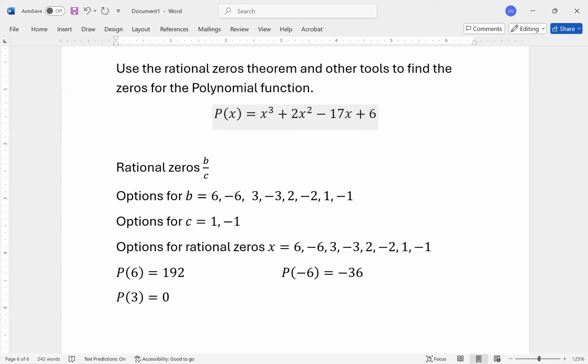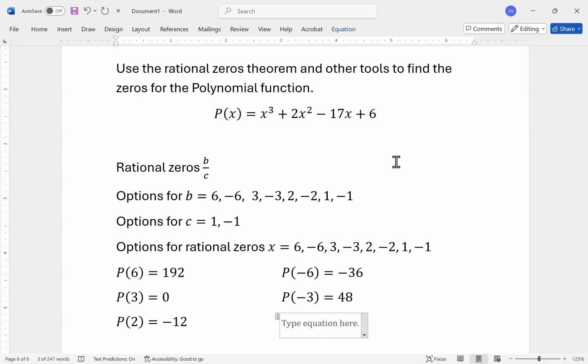Again, I could stop there and do operations, but I'll just test all these. When I plugged in a negative 3, I ended up with 48. When I plug in a 2, I end up with negative 12.